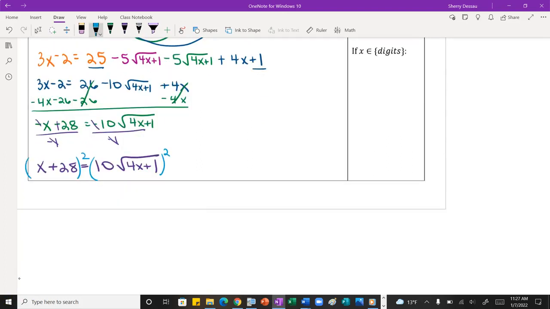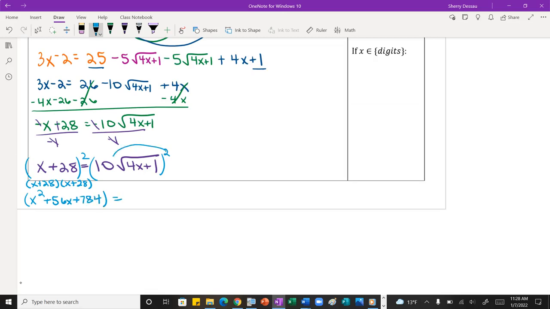When I distribute here, I'm going to have x squared, and then since I have x plus 28 times x plus 28 here, I'm going to take a shortcut, and I FOIL. This is going to give me plus 56x, and then 28 times 28 gives me 784.